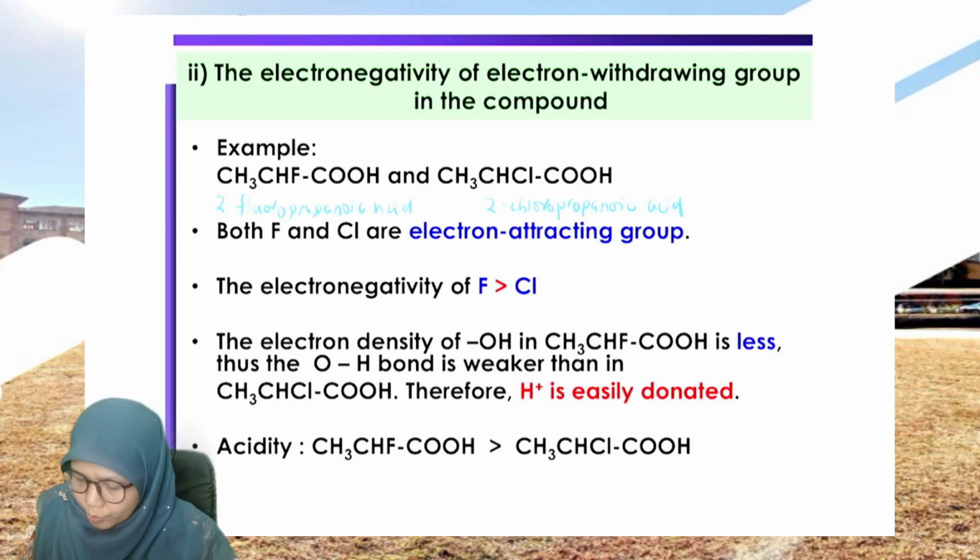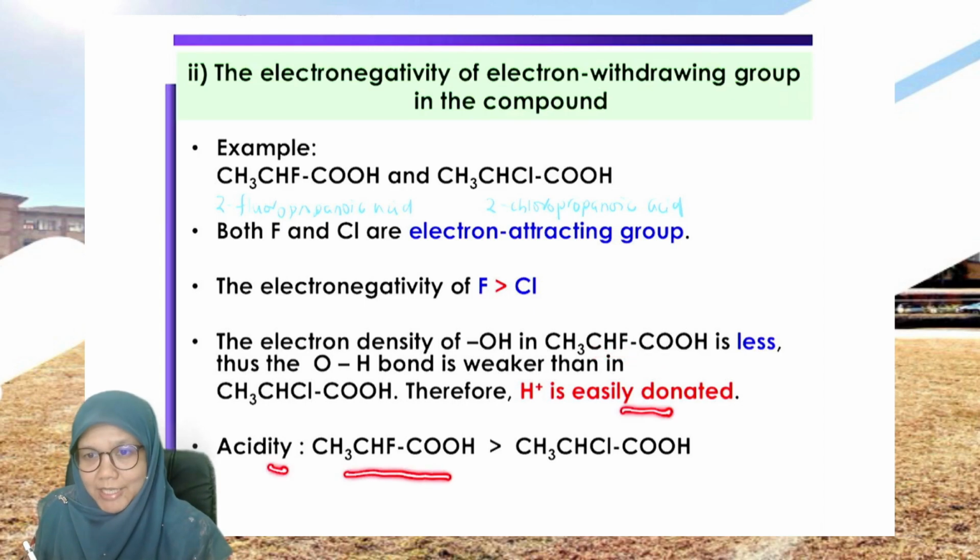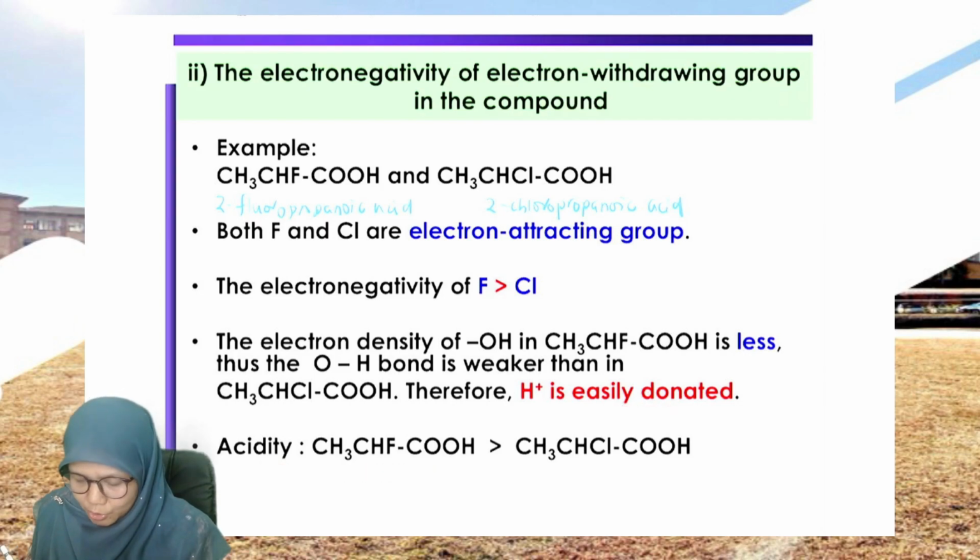Jadi OH bond dalam 2-fluoropropanoic acid ini weaker than in 2-chloropropanoic acid. Therefore, H plus in 2-fluoropropanoic acid easily donated. So acidity of 2-fluoropropanoic acid is higher than 2-chloropropanoic acid.